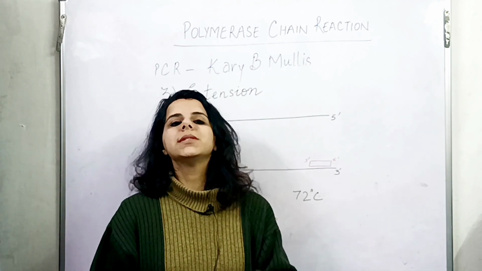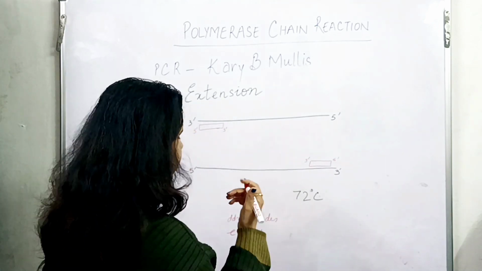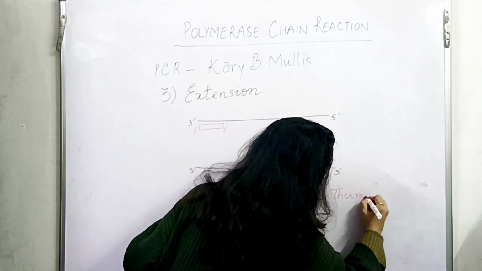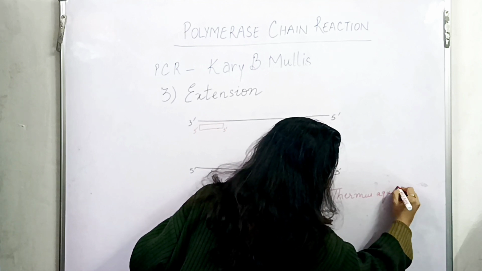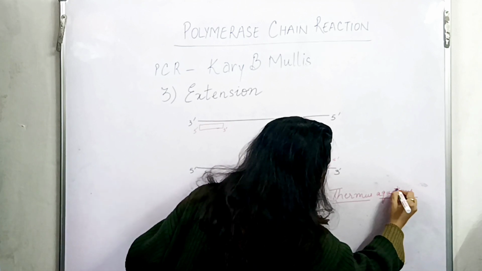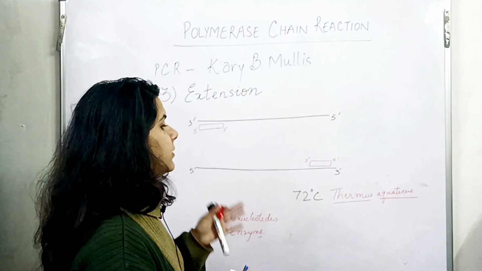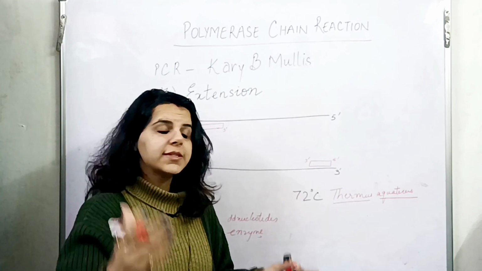The answer is very simple. There is an archaebacteria, Thermus aquaticus. This is a thermophilic bacteria that is able to survive at a very high temperature, higher than 100 degrees Celsius.